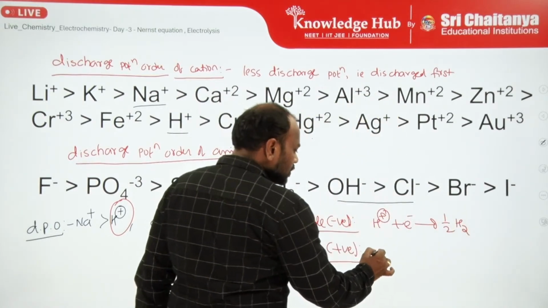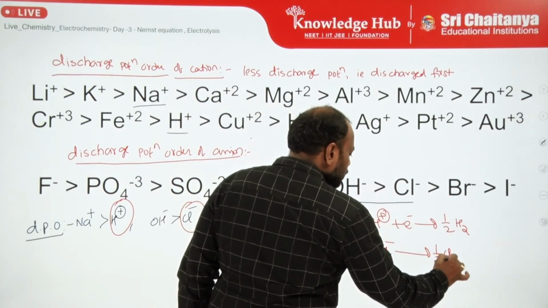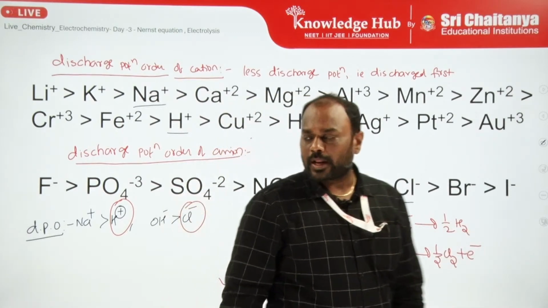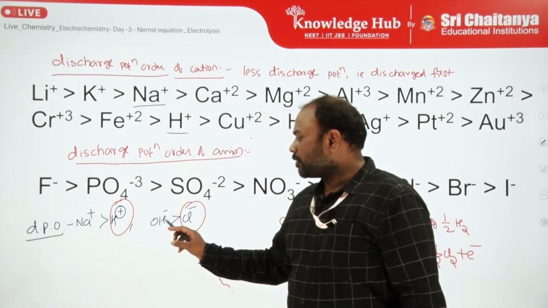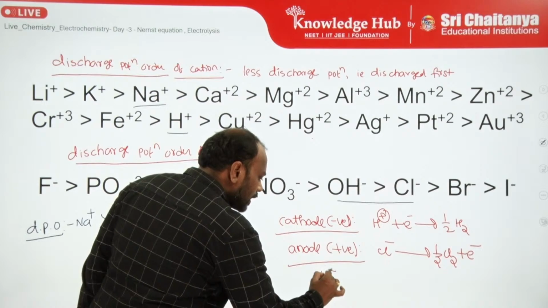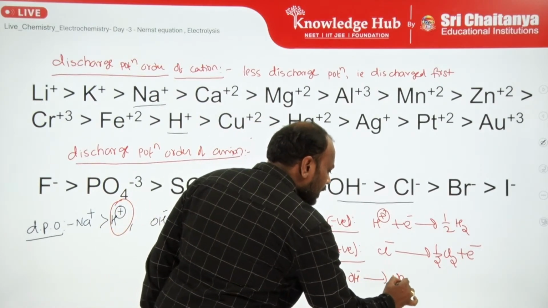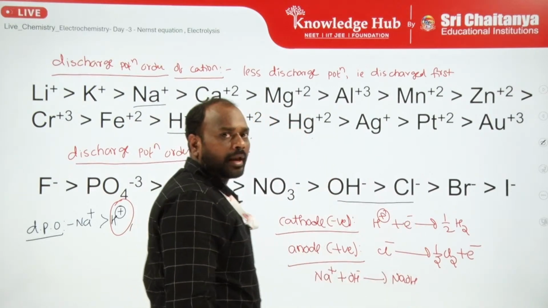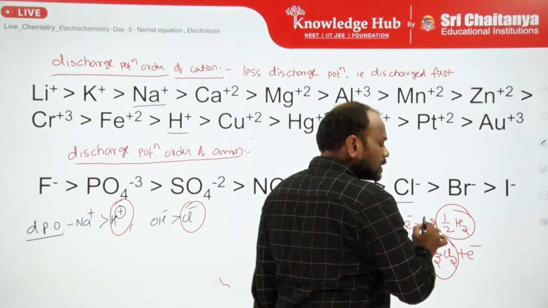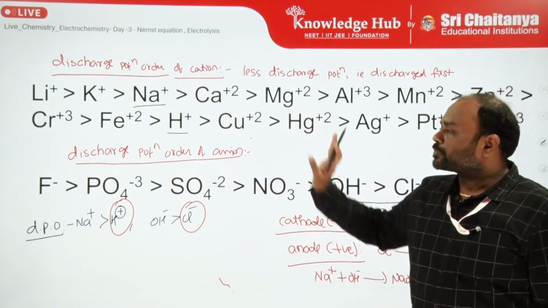So Cl⁻ turns to half Cl₂ plus an electron. What are the leftover ions here? Na⁺ and OH⁻ are left over, giving rise to NaOH. So the compounds we get are H₂, Cl₂ and NaOH.